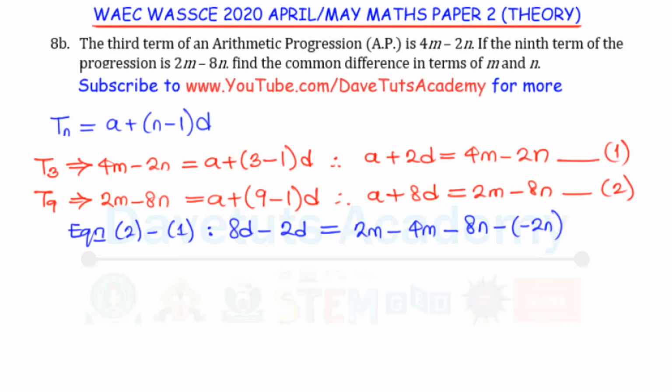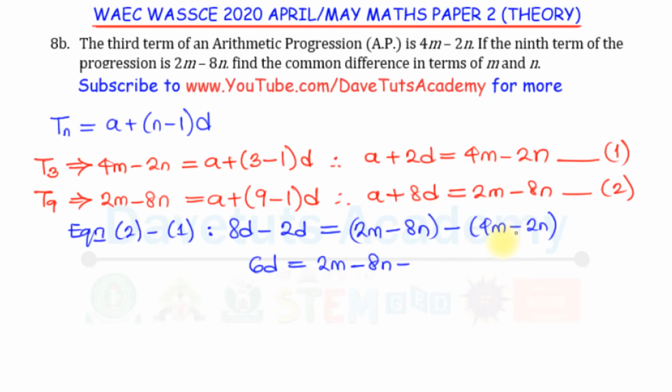Or, better still, if I want to write this out straight so that you don't get confused, I can just say it's 2m minus 8n, the one in equation 2, minus 4m minus 2n. Alright, so 8d minus 2d is 6d is equal to 2m minus 8n.